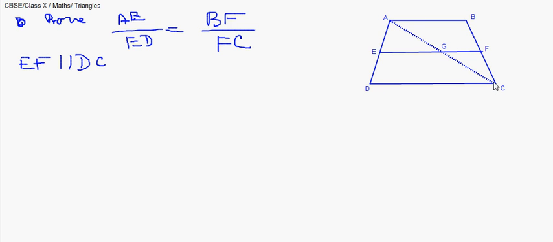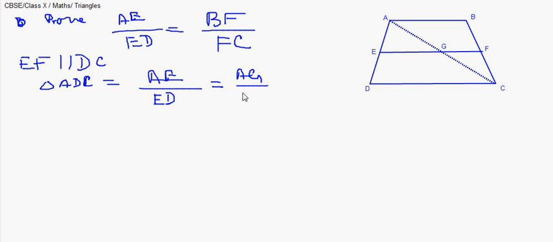Thereby, if I apply the proportionality theorem, in this triangle ADC, we get AE by ED will be equal to AG by GC.